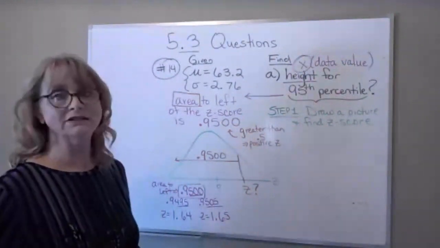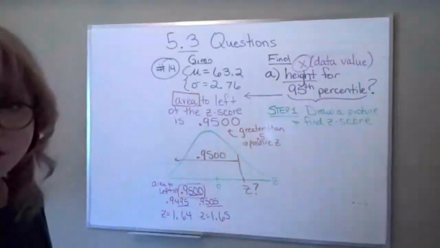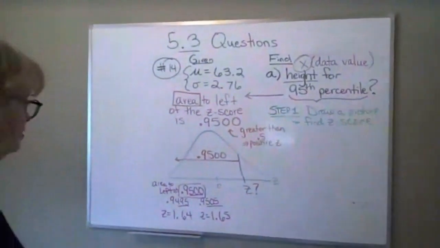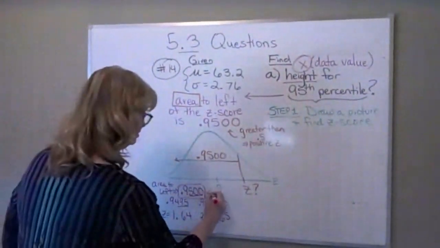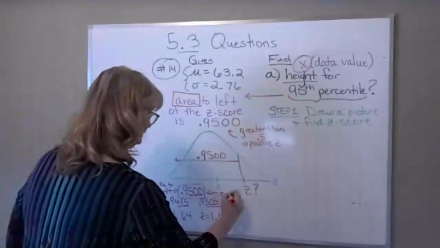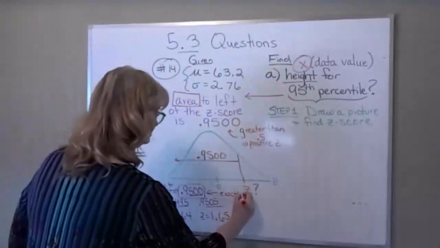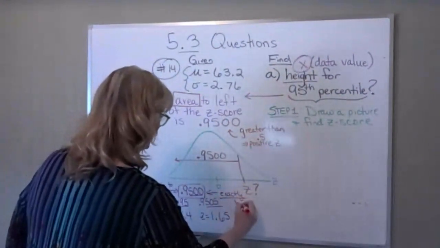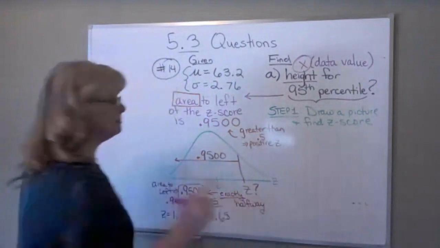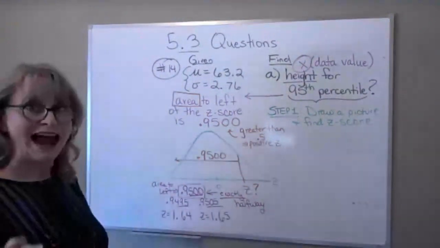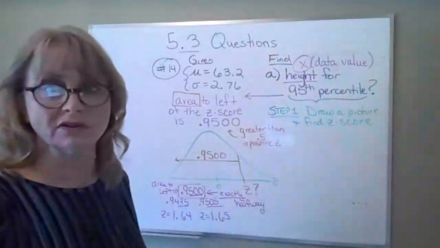So that means we're going to have to average these two z-scores. If it was closer to one, we'd take the closest one, but it's exactly halfway. So remember, what that means is you're going to average the two z-scores.